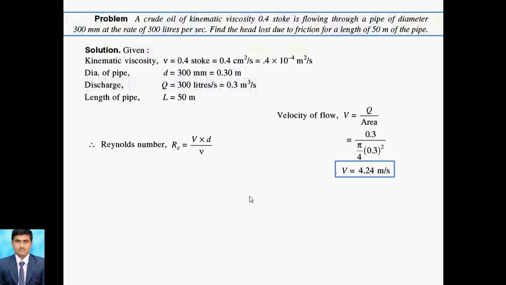Then we go for Reynolds number, that is Vd/ν. V is 4.24, d is the diameter of pipe, that is 0.3, divided by 0.4 × 10⁻⁴ for ν.